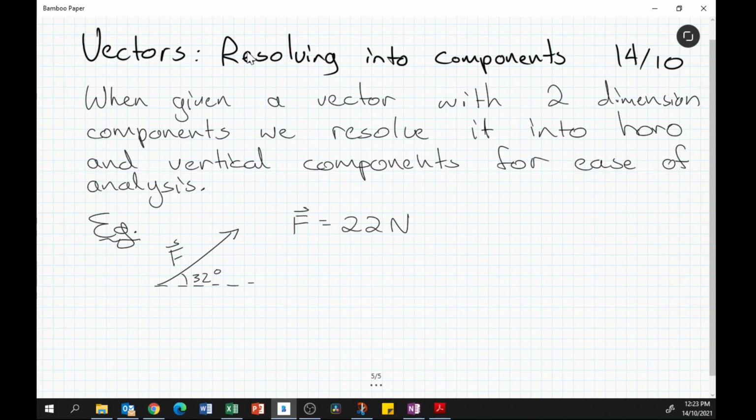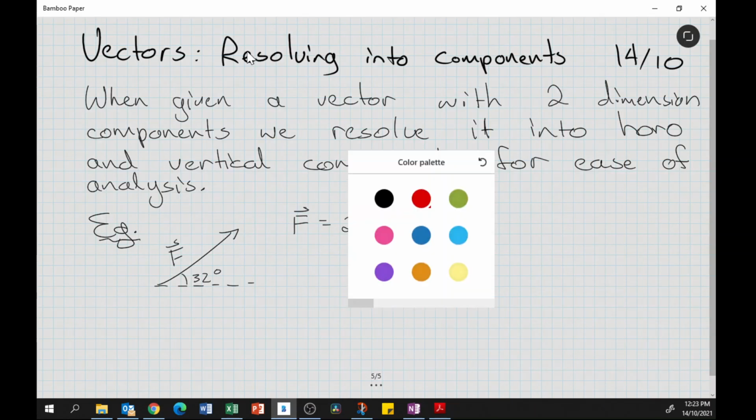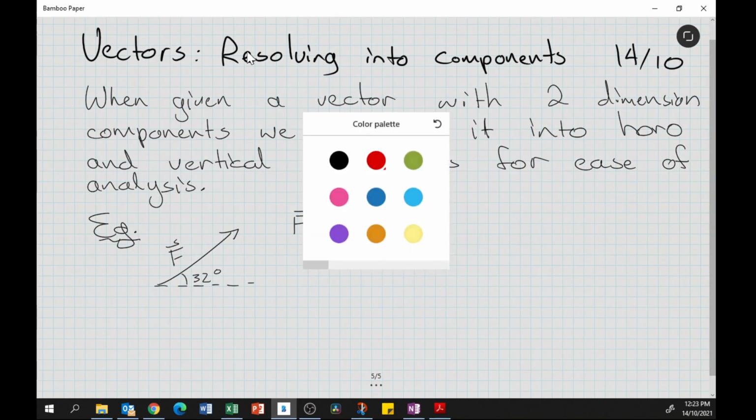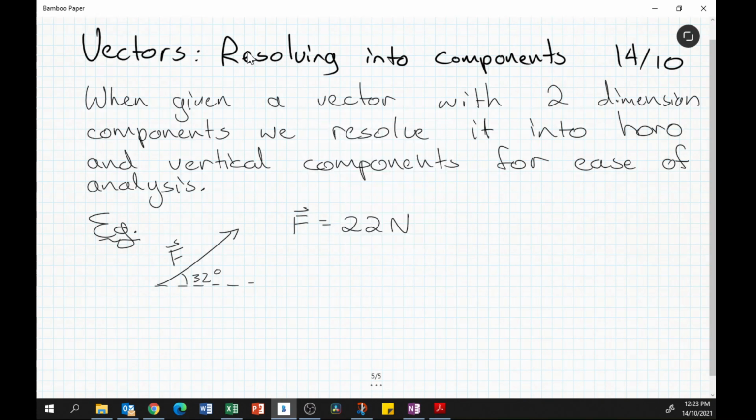But anyway, if we want to break this down into horizontal and vertical components, let's do pink and purple. Horizontal. Let's draw a quick triangle. Label our known information.